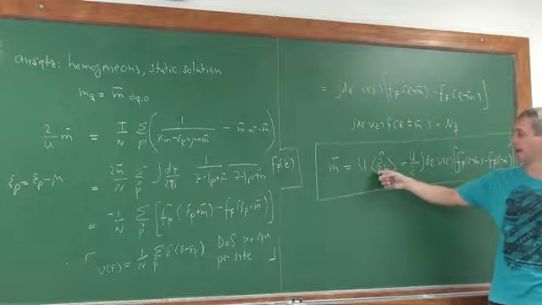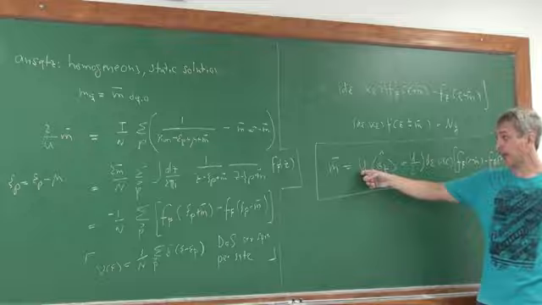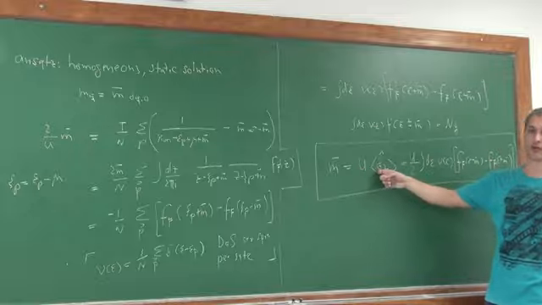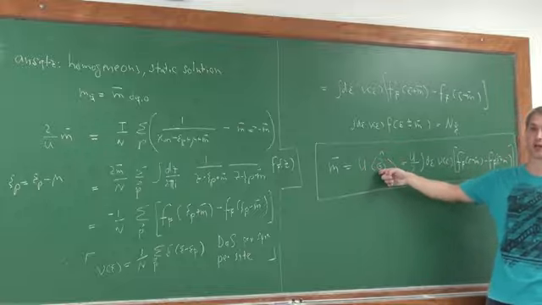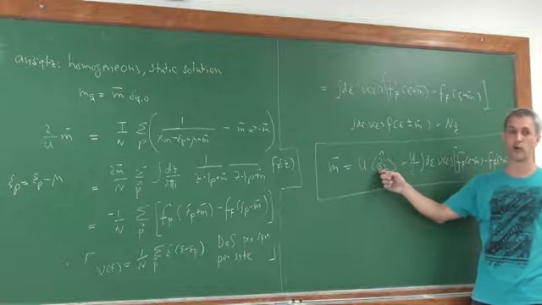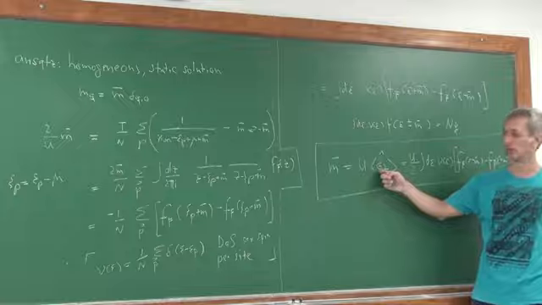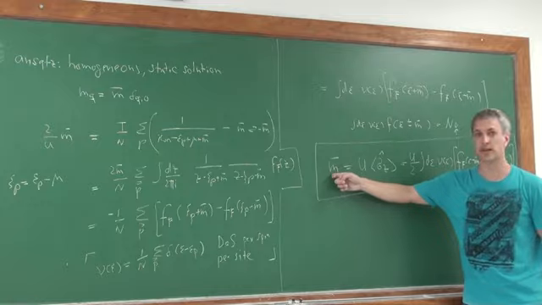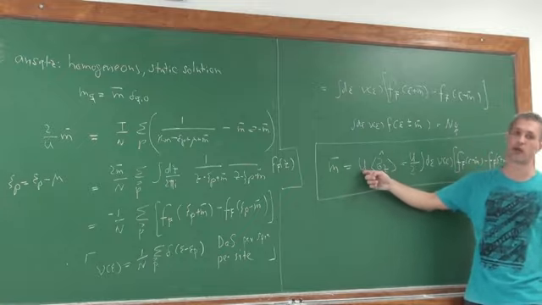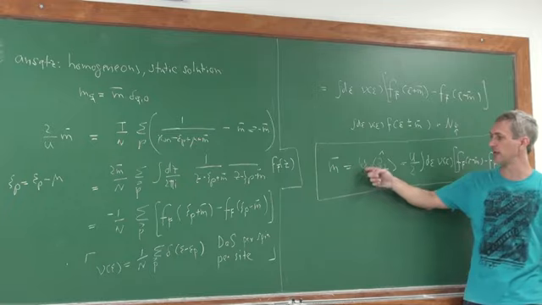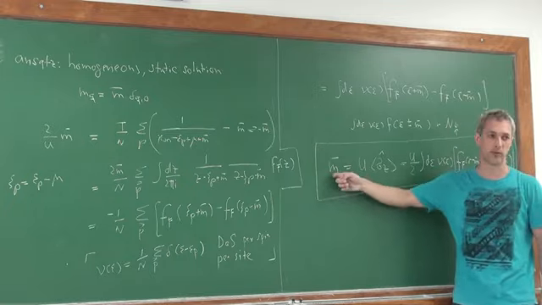However, if interactions lead to some ordering of magnetic type, then this expectation value of the sigma z operator will build up a finite value, and this is reflected in a finite value of the mean field. Also, we see that this can only appear in the presence of interactions. If the interaction is 0, this will always be 0. Okay.